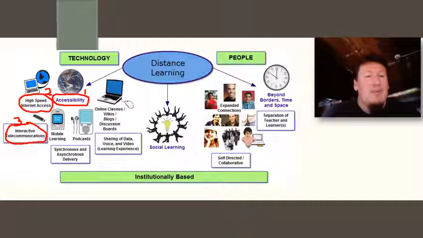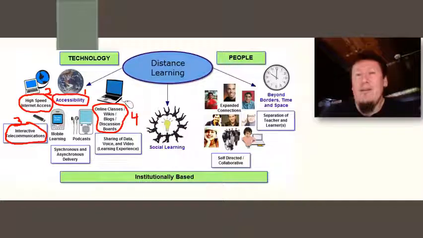Now, as we're progressing here, I'm going to jump over to this part where we're talking about online classes, wiki, blog discussions, and forums. I'm going to put that as number 4. I'm not following any specific sequence here. It's more that I'm evolving as we started with connectivity, and then we're evolving into the different stages to build up that online course.